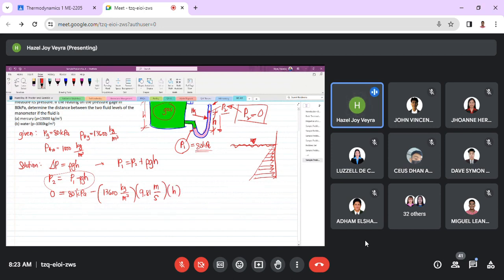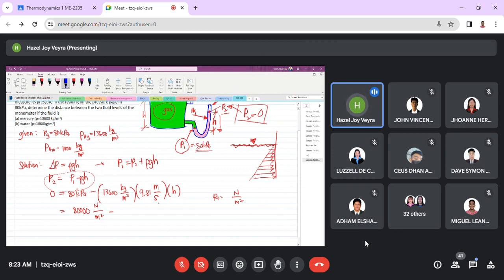Okay? Now, para hindi malito, i-convert natin to Pascal. 80,000 Pascal. So, 1 Pascal is equivalent to Newton per meter squared. So we have here Newton per meter squared minus 13,600 times 9.81. We have here kilogram per meter squared again.